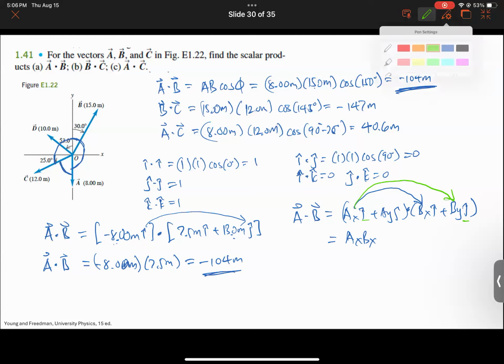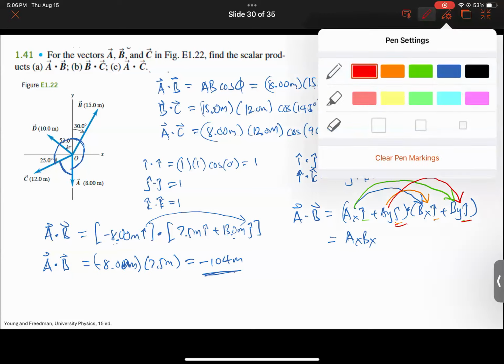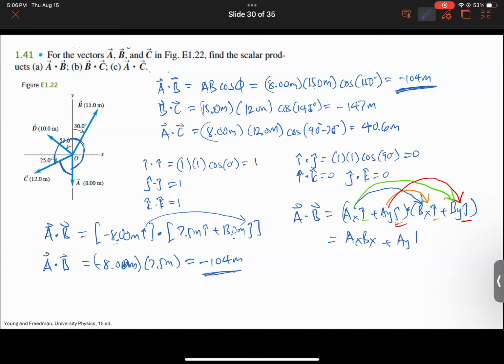And then susunod ay AY BX, J hat dot I hat. That's also 0. And finally, AY BY, J hat dot J hat. That gives us AY BY. So A dot B is equal to AX BX plus AY BY. Now you can use this to solve for B dot C and A dot C then. Okay, so I invite you to do that as sort of a practice.